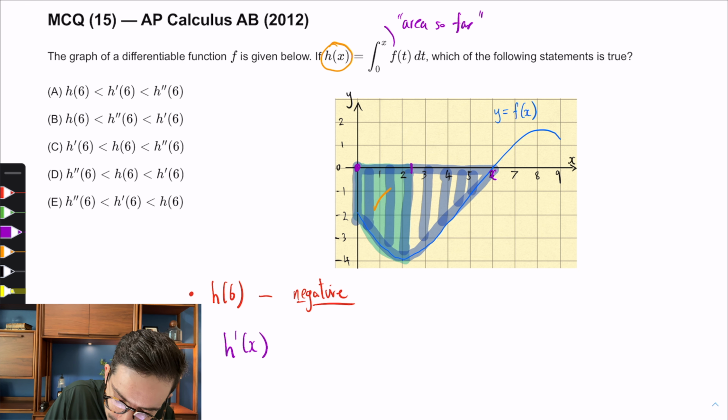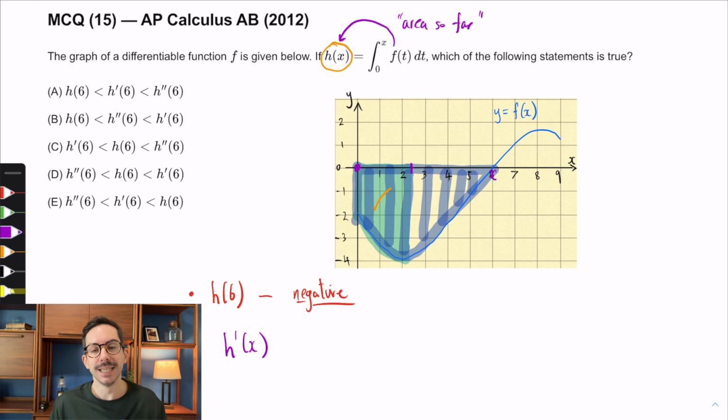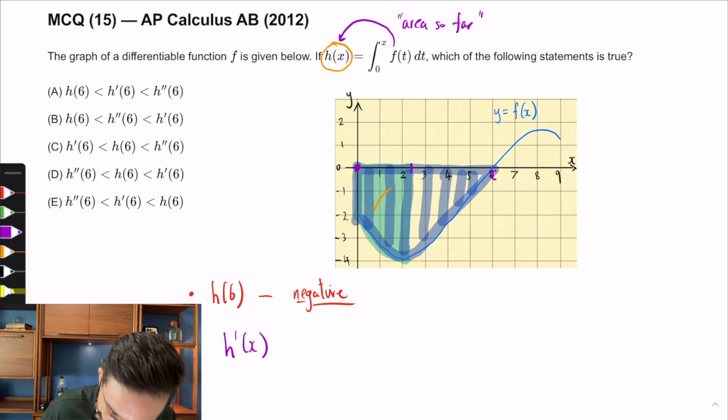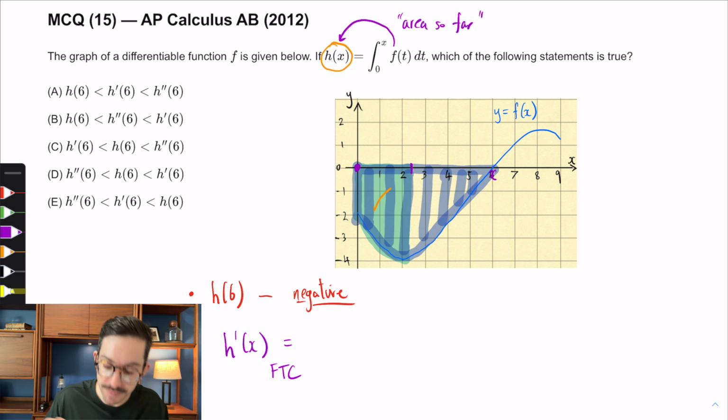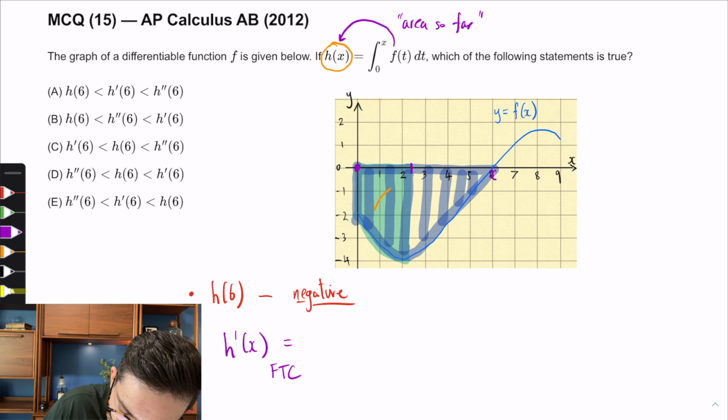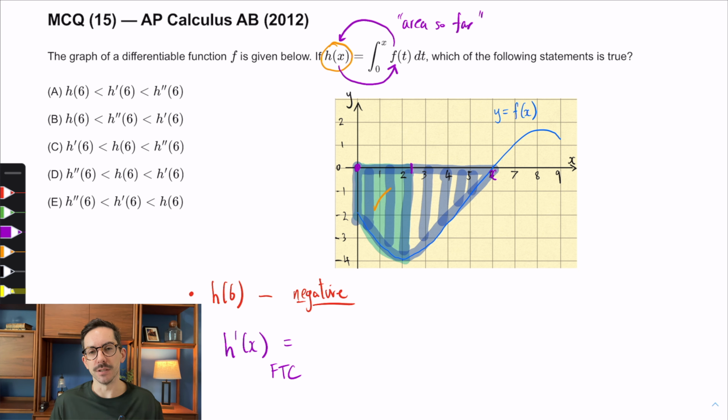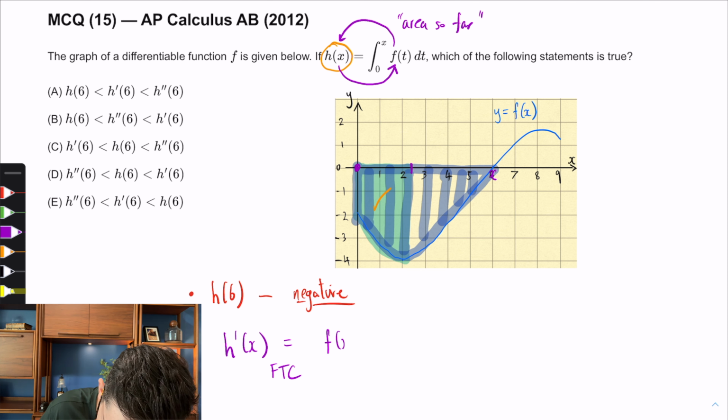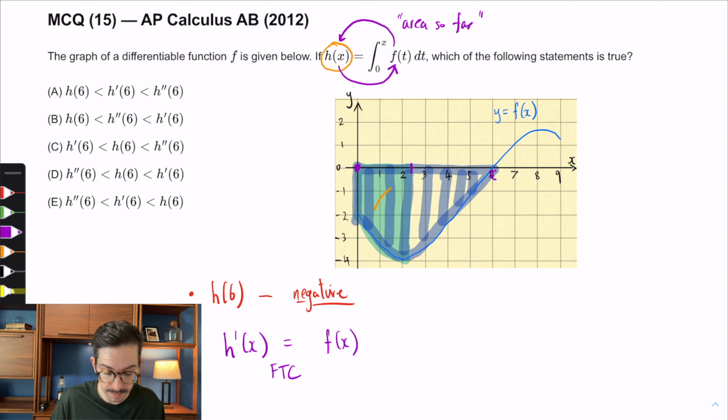We take f and we integrate it to get h of x. So the fundamental theorem of calculus says, if I take the derivative of h, that will just give me back my function, little f. So h prime of x is just the function f that I started with.